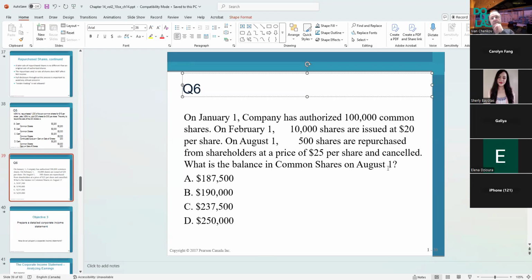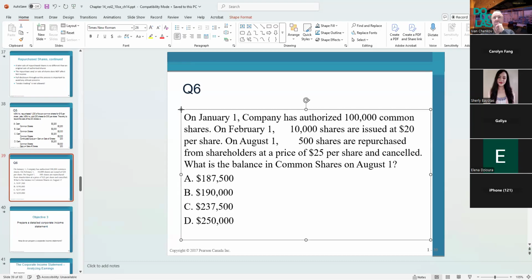Let's think first. Once we issue the shares, what's the journal entry? Again, once we issue the shares, what will be the journal entry? Do you want me to move to Excel? Let's move to Excel then.